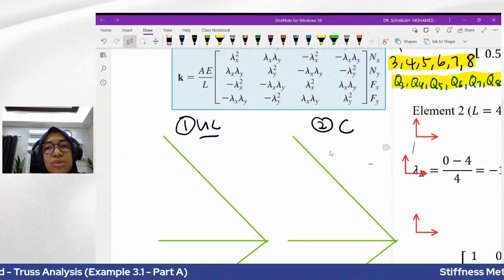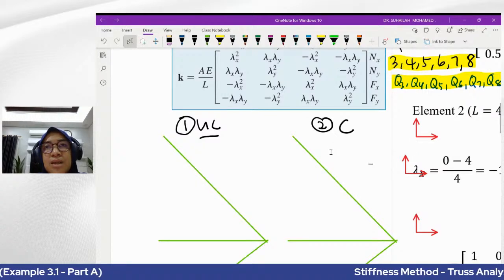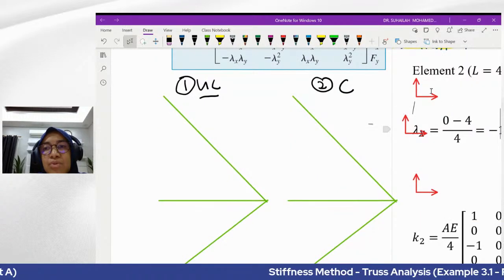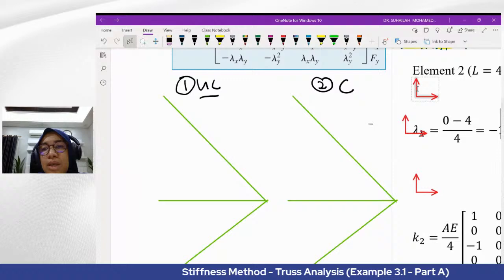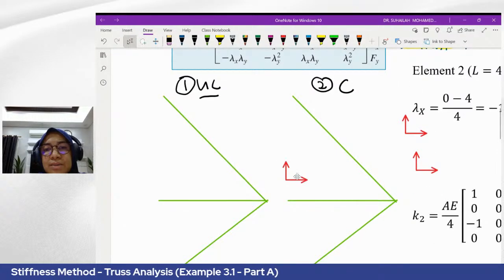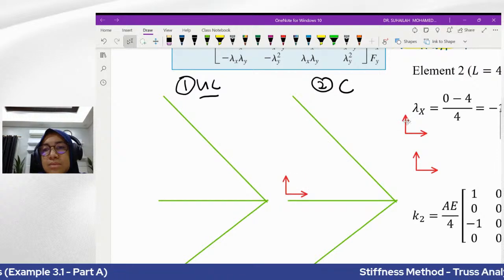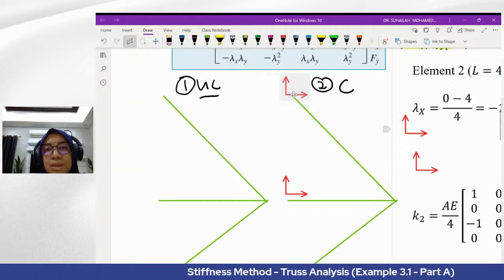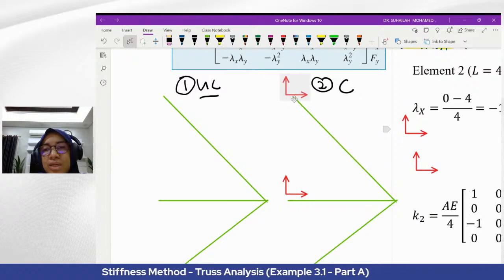We put 6 in the constrained system to represent the 6 unknown reactions due to the supports. Due to the supports there are 6. So we put 1 here. Okay, not 1, 2. 2 here.